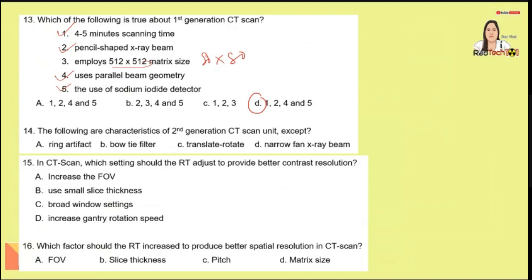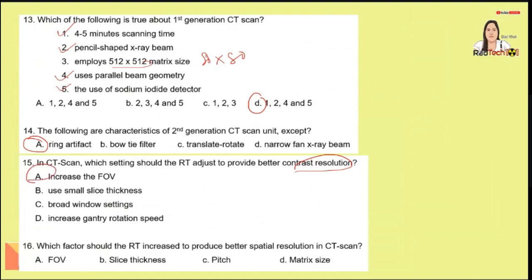14, the following are characteristics of second gen CT scan except, so A, this is in third gen. 15, in CT scan, which setting should the rad tech adjust to provide better contrast resolution? To obtain better contrast resolution, we increase the field of view.